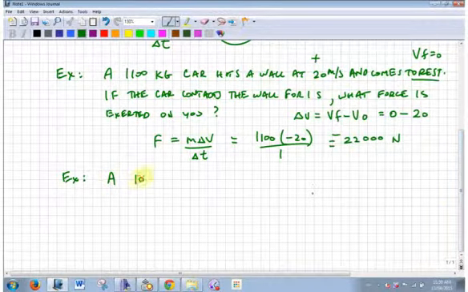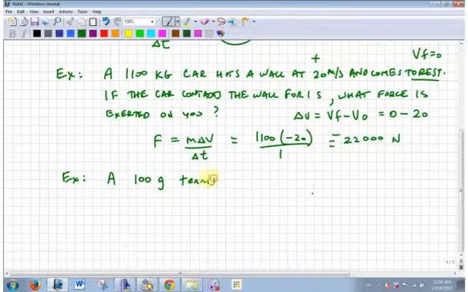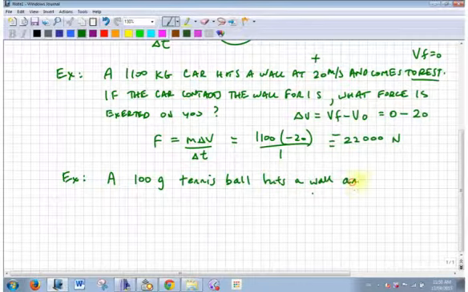A 100 gram 10E ball hits a wall, and what's a good word for going the other direction after hitting a wall?